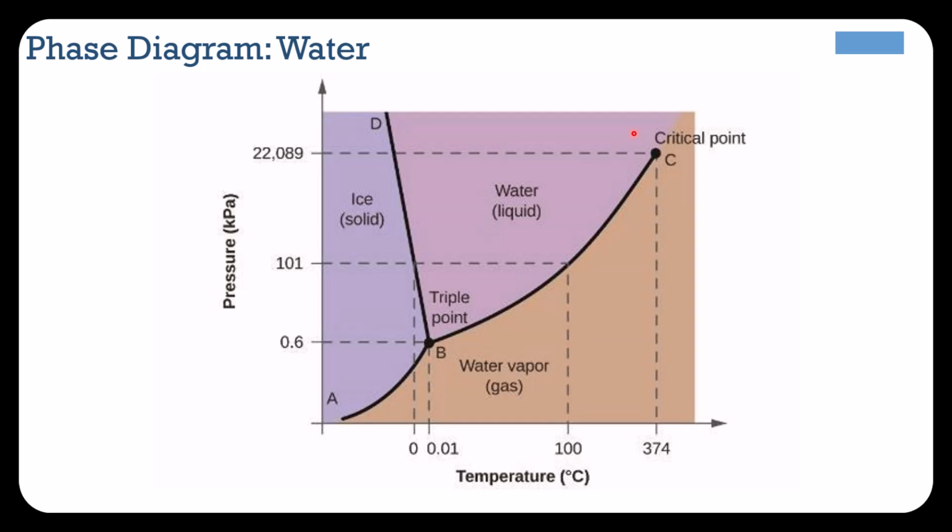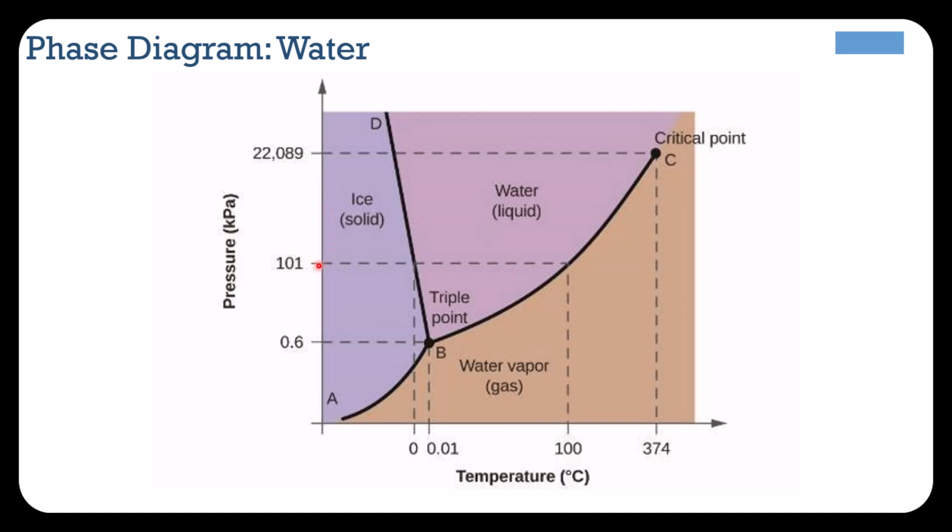Now I'm going to depict a diagram for water. As I alluded to, we've got both pressure and temperature that are factors in these phase changes. If I look at the axes going from left to right, we've got our temperature increase, and going from the bottom to the top, we have our pressure increase. This is the phase diagram for water.